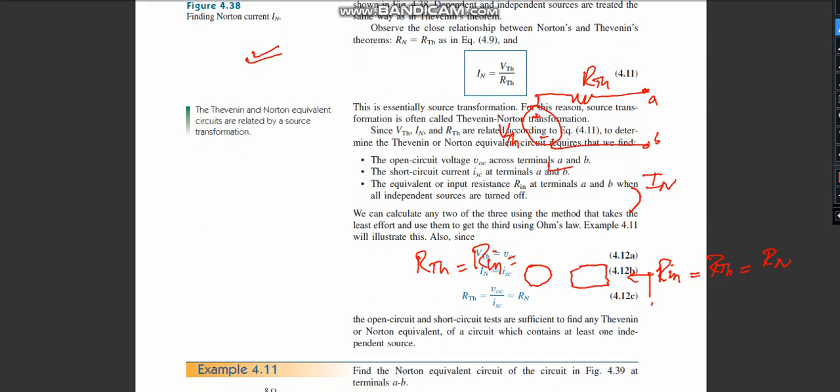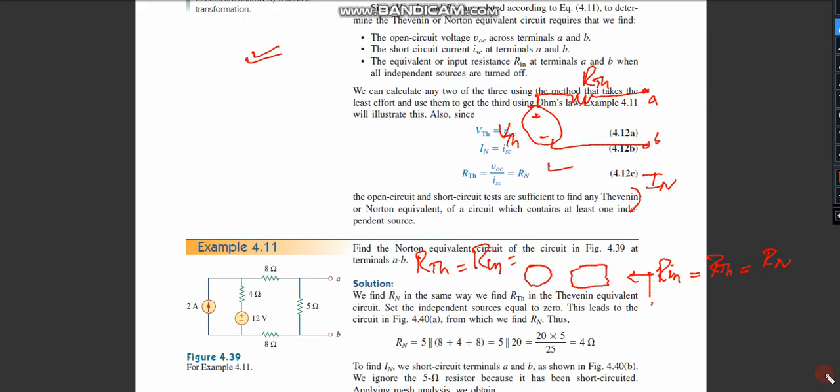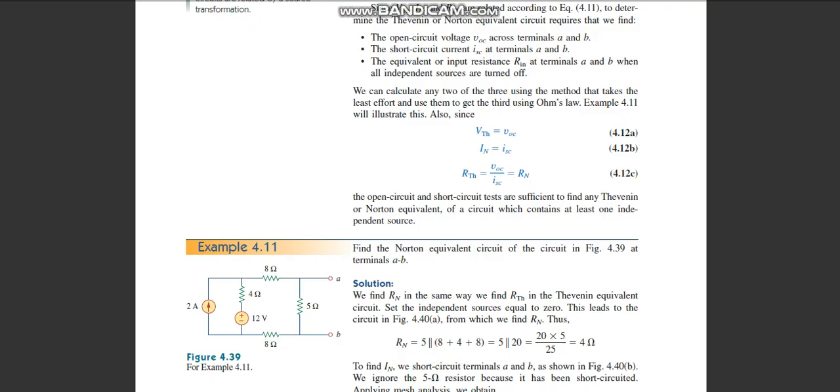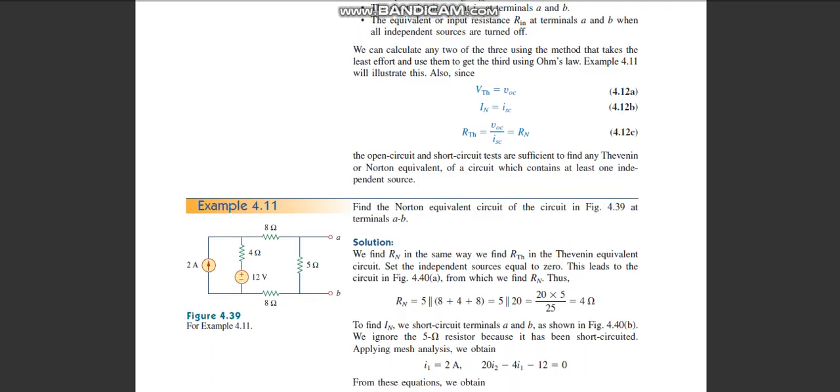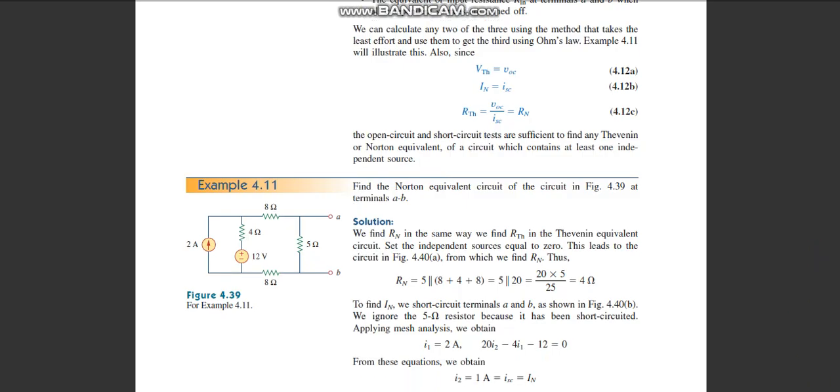So let's do this example, which is 4.11. It says: for the circuit in figure 4.39, find the equivalent Norton circuit for the given circuit.